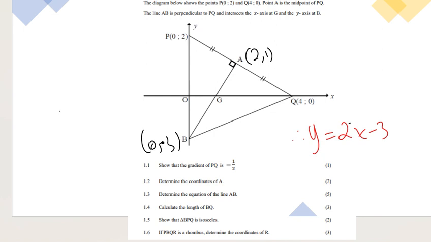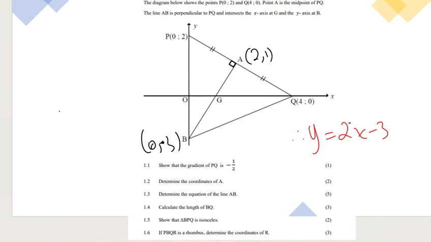Remember, if you don't know how to calculate the length, please visit my very first video of analytical geometry on this grade 11 playlist. You will see it at the end of this video. But the length, sometimes they can say the distance between the 2 points, or they just say the length.